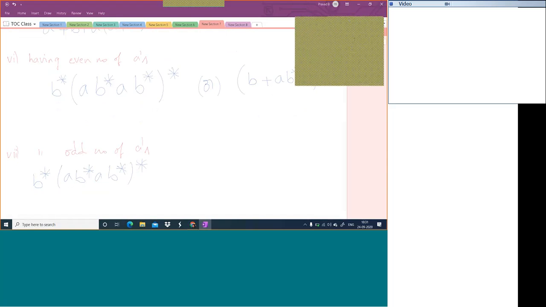Samiksha, you're asking whether this is valid for even number of A's? Of course, it is valid. But instead of that plus B star, you wrote plus B star extra. Here, what did you write? You wrote like this: B star, (B star A B star A B star) whole star. And this won't give only B's.